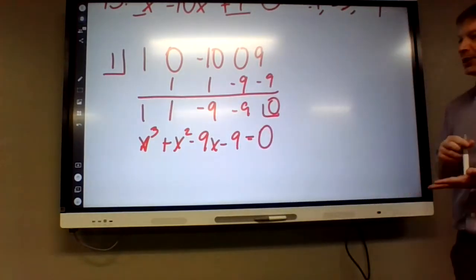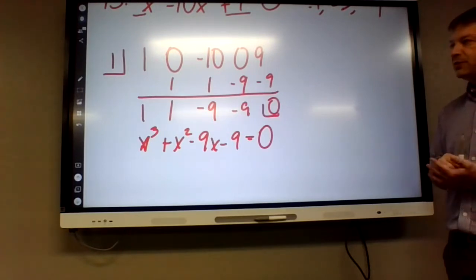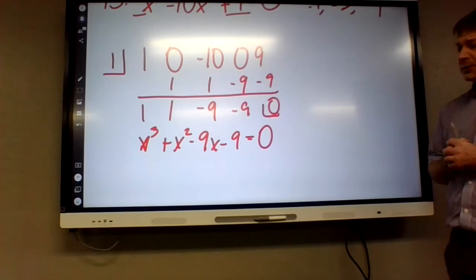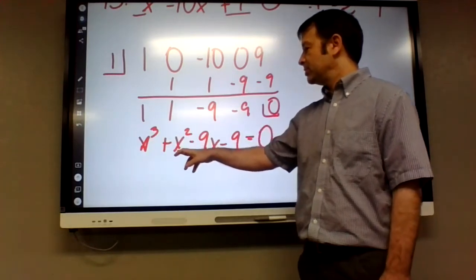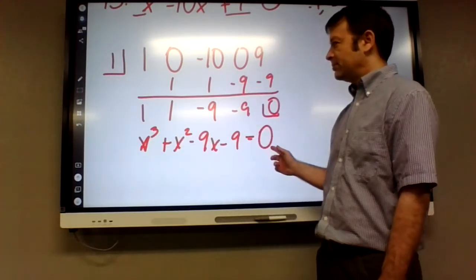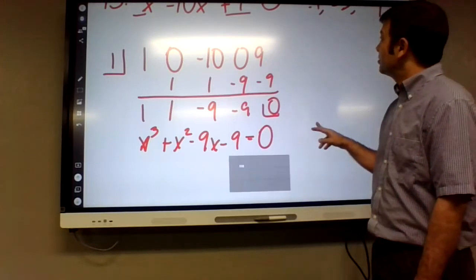You could try 1 again. I could use synthetic division to see if 1 worked again. Might as well. So 1 plus 1 minus 9 minus 9, does that equal 0? No. So 1 is not a double root. It only worked once.